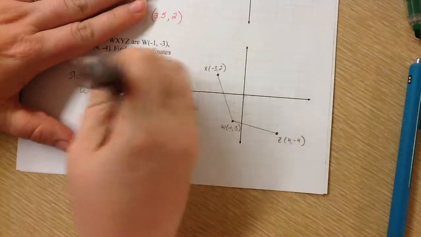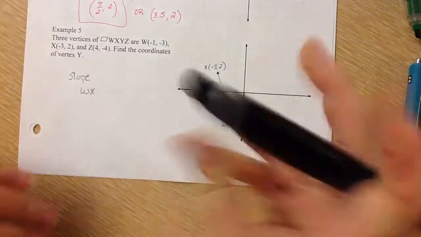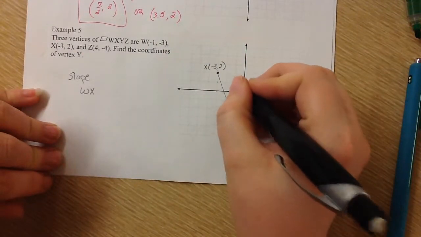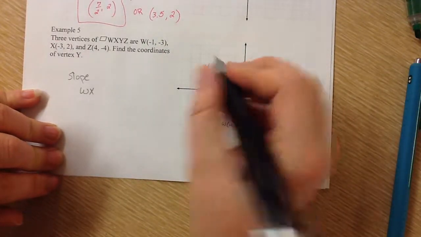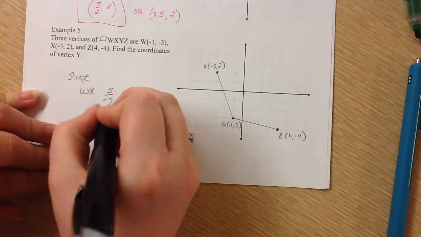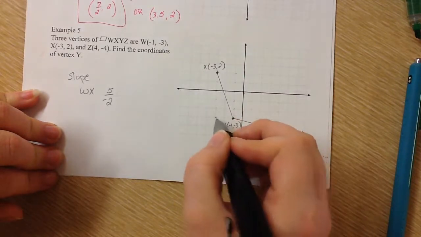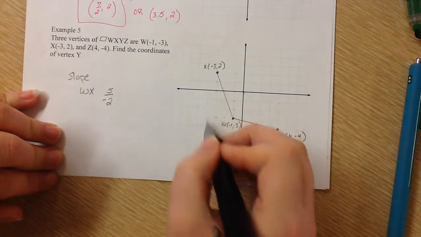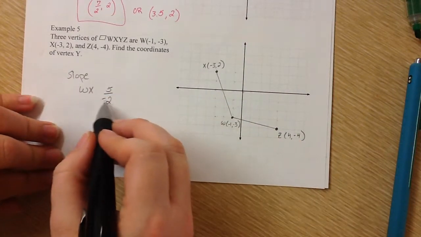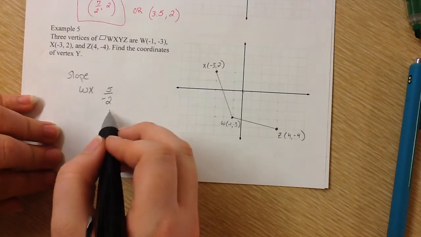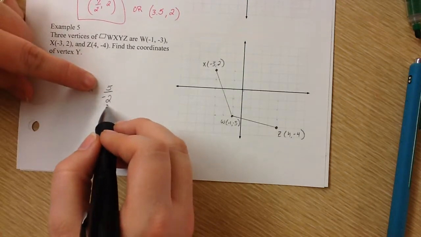Oh, we need to go rise over run first, don't we? Flip it around. Rise up 5, back 2. Or down 5 over 2. Well, regardless, it's -5/2.